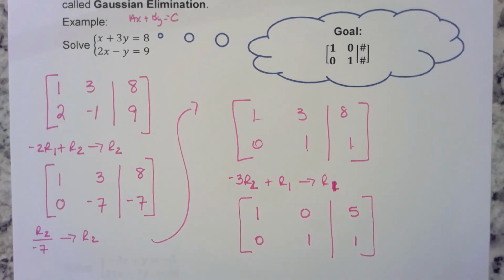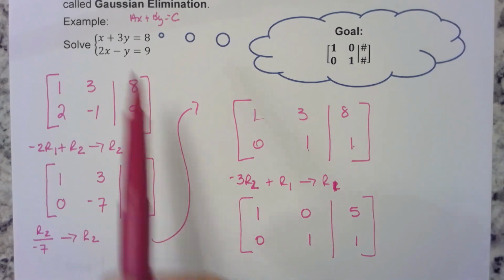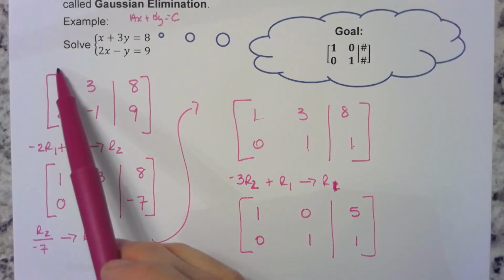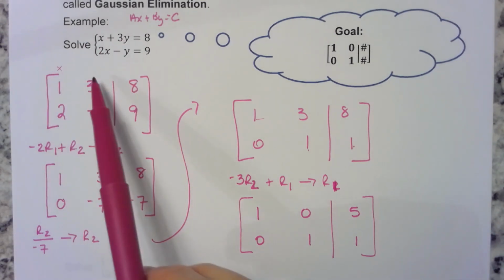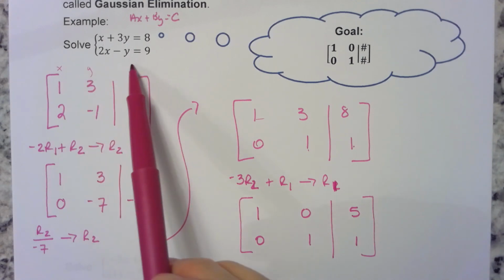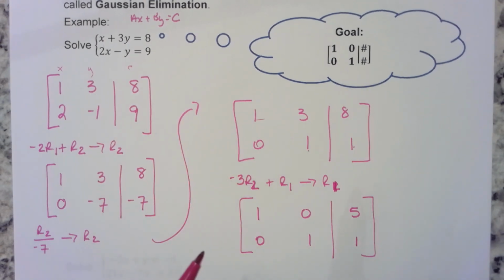Now you remember when we set up our matrix, the first column represented our x's, the second one represented our y's, and then of course we have our constants over here. Well, this represents our x's, this represents our y's. So isn't this 1x plus 0y equals 5?